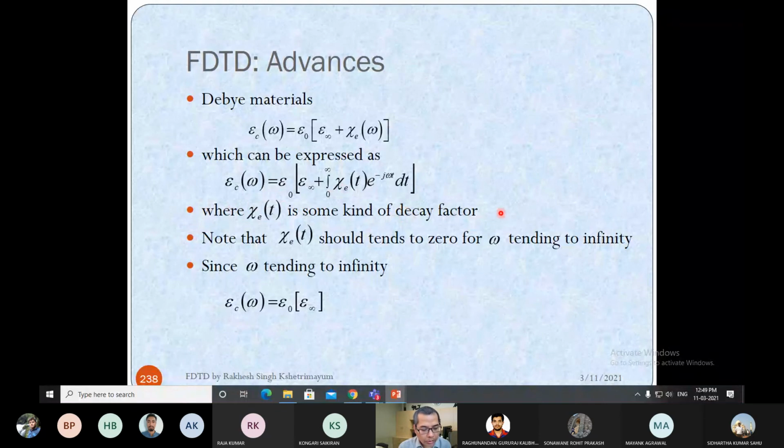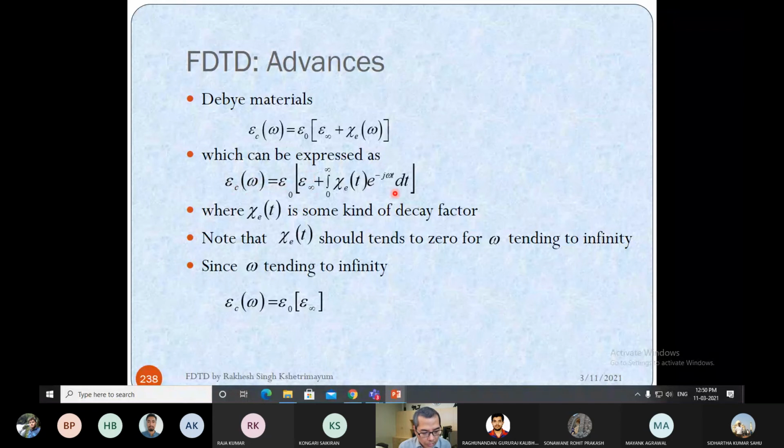Based on that, we'll have different models for the medium. So just looking at this chi e(t), what was epsilon c at omega tends to infinity? Epsilon c will become simply epsilon 0 into epsilon infinity. Only the first term will exist when omega tends to infinity. Epsilon c at omega tends to infinity will be epsilon 0 into epsilon infinity.